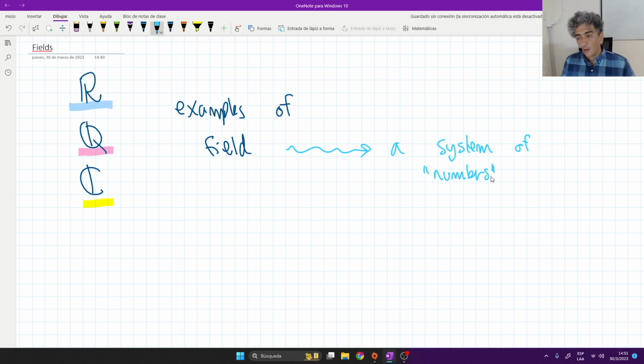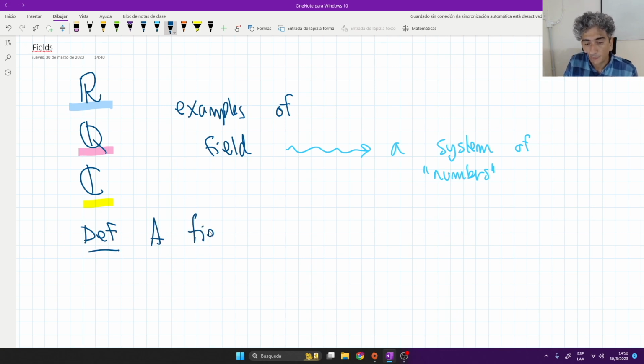Maybe number is a more familiar term for all of you, but we want to emphasize that we are extending the notion of number to a field, right? So elements of a field are what we used to know as numbers. So what is a field anyway? We need to define what a field is, right? So here comes the first definition.